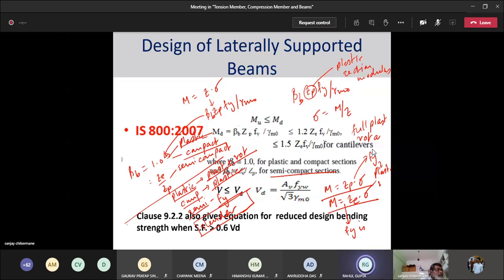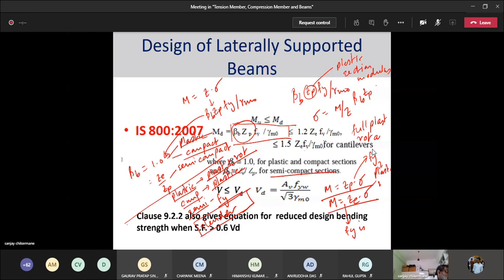Yes, sir. So this ends up becoming the entire system. And we say that beta B Zp has to be less than or equal to 1.2 Z elastic for most sections, and is less than or equal to 1.5 Z elastic for cantilevers. So the basic concept is that it is always going to be beta B Zp times Fy by lambda m naught.